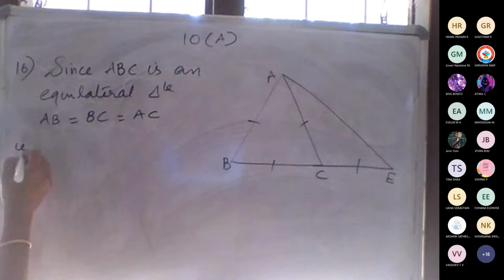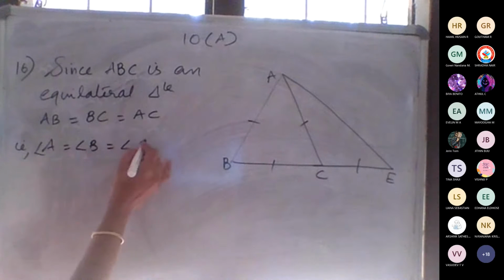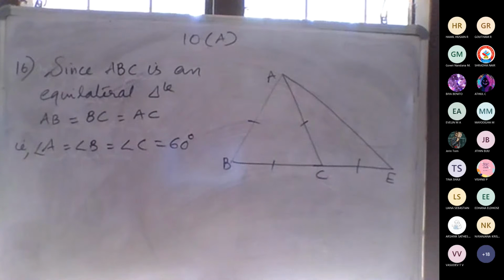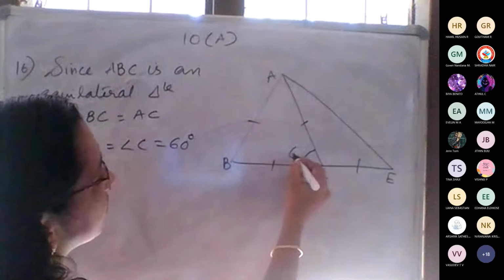That means angle A is equal to angle B is equal to angle C, each will be 60 degrees. Directly you can write 180 divided by 3, that is 60 degrees for an equilateral triangle.